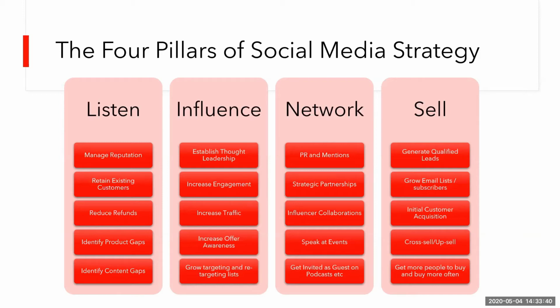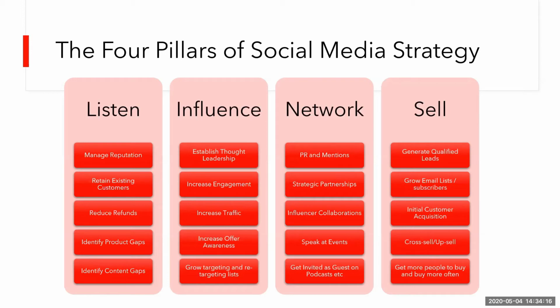The third pillar is network. Social networking gets you the PR and mentions in other media properties or other media assets. It helps you to get into strategic partnerships with other valuable folks, or you may enter influencer collaborations. You may get invited to speak at events. You may get invited as guests on other podcasts, and so on.